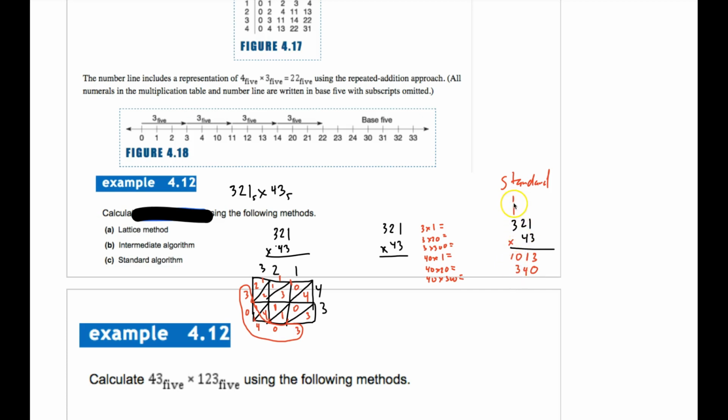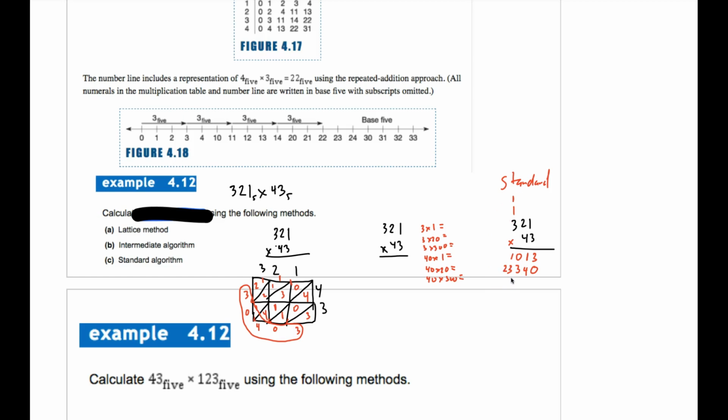4, and when I carry the 1, I'm carrying a 25 here. 4 times 3 is 12. Plus 1 is 13. So that's two groups of, and one group there.